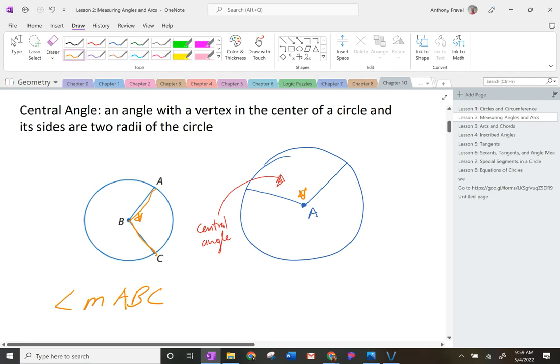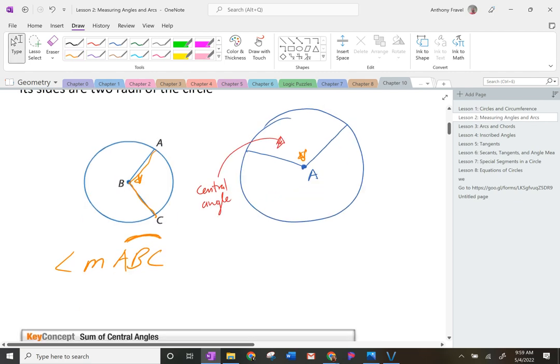Remember, the middle letter needs to be the vertex. And then usually we'll also throw a little arc over the top. But yeah, we're finding the measure of angle ABC, or we could also do just angle ABC, because it is going to be an angle.